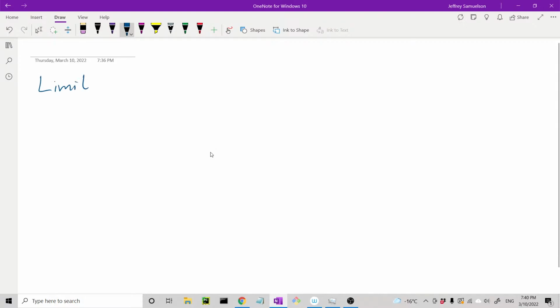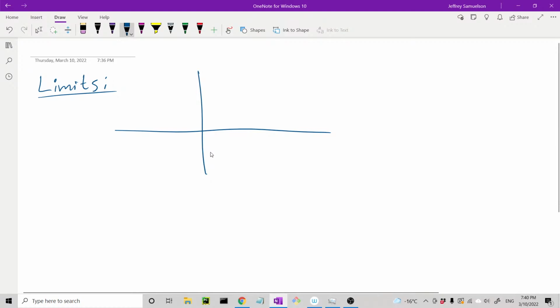So limits. The idea of a limit is very intuitive. We represent functions by these curves in the plane. And let's say this is a point A, and the function may or may not be defined at A. It may be defined but not actually equal this value to which it seems to approach.